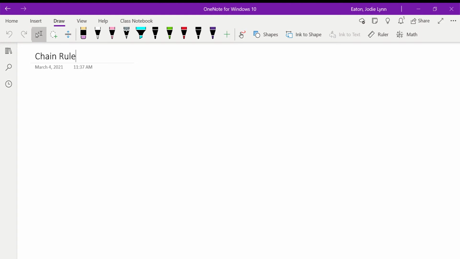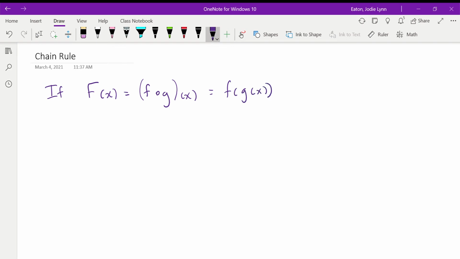So, if big F of x equals little f composed with g of x, which equals f of g of x, okay?